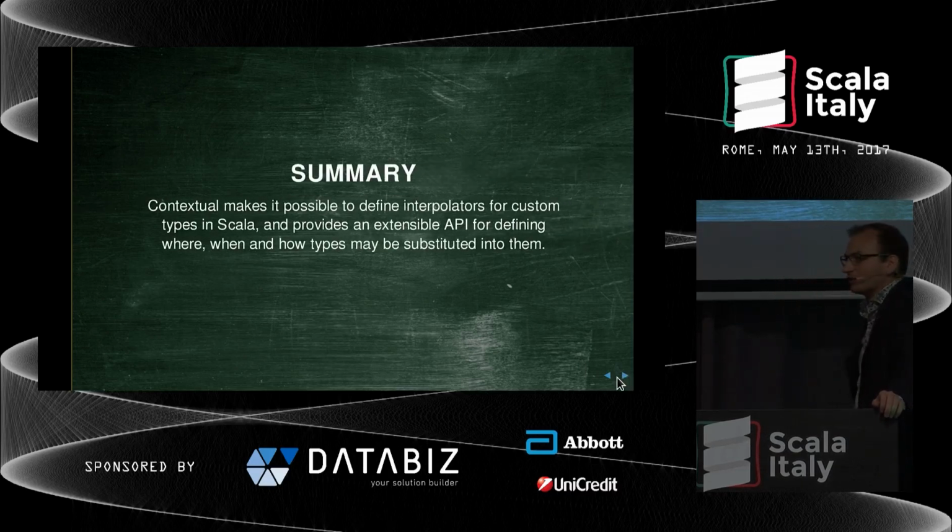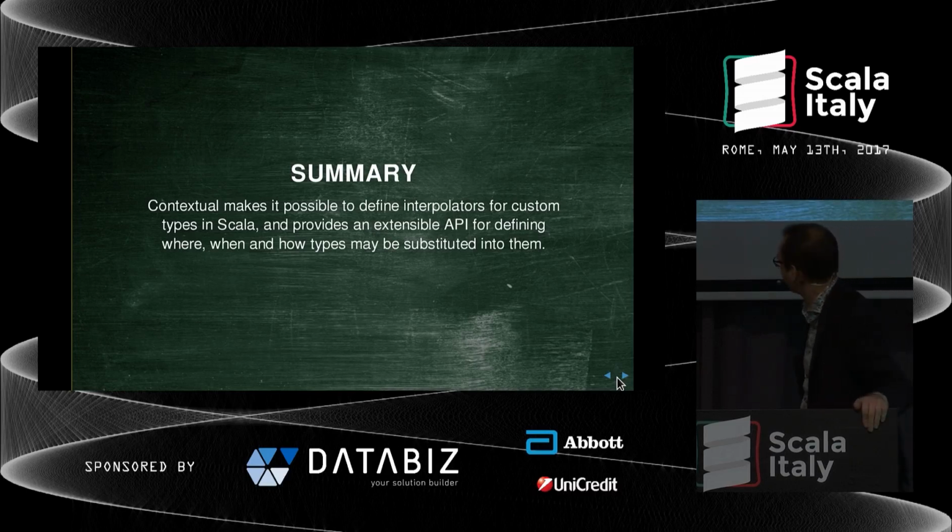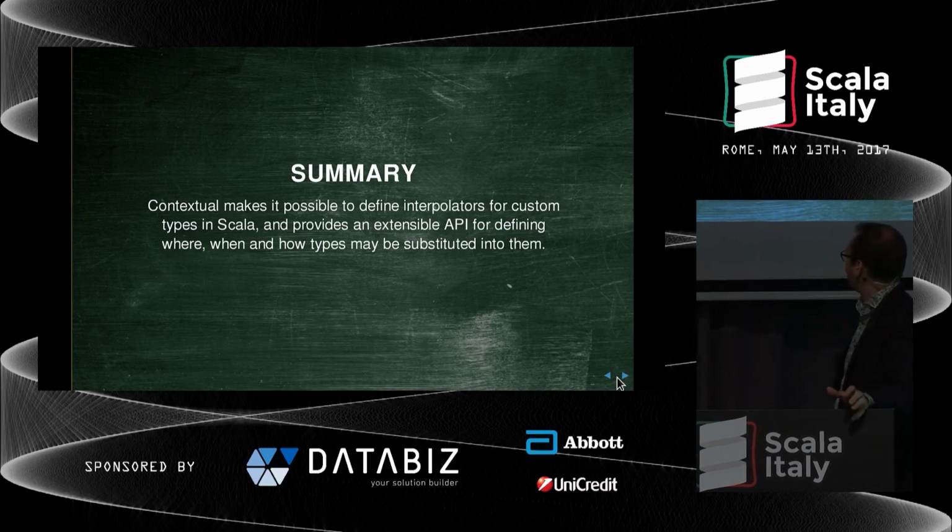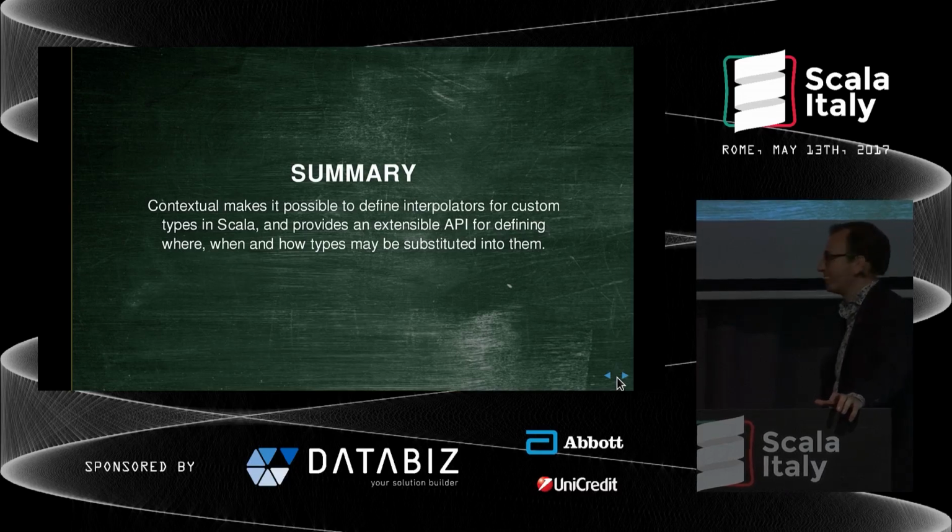So to summarize what you're getting here, and I hope the examples I've shown you are at least a little way indicative of that. Contextual makes it possible to define interpolators for custom types in Scala, and provides an extensible API for defining where, when, and how types may be substituted into them.